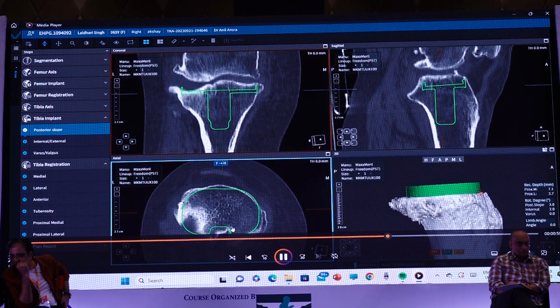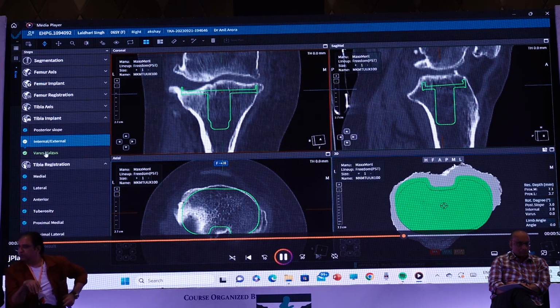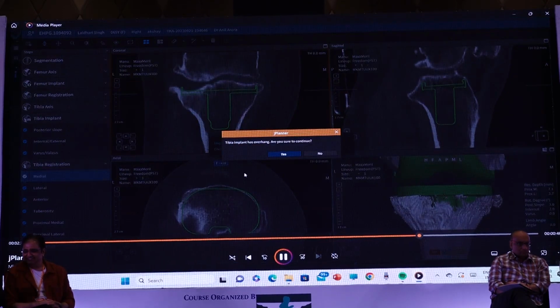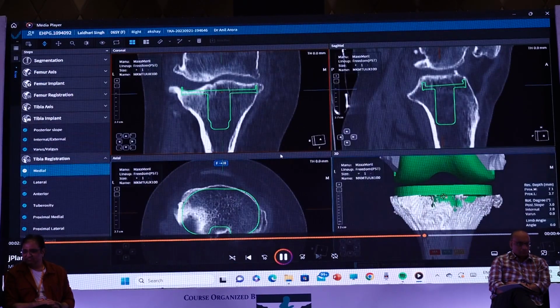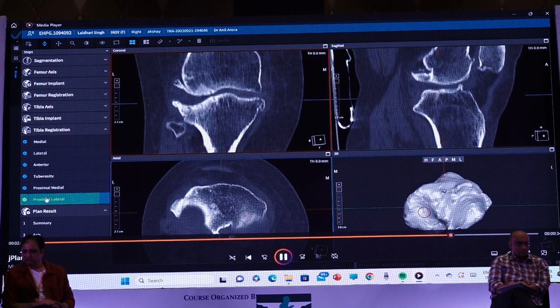This was size 1, the smallest possible size with this company's implant. 0 varus valgus and various resection points: the lateral, the anterior, the tuberosity, the proximal medial, proximal lateral on tibia as well. We'll verify these points intraoperatively.